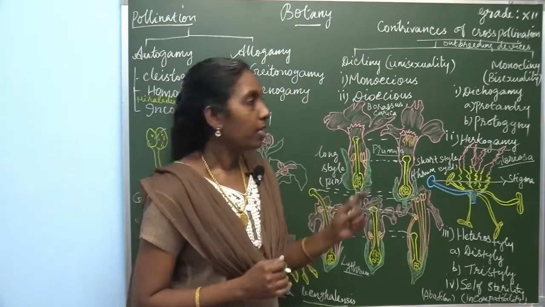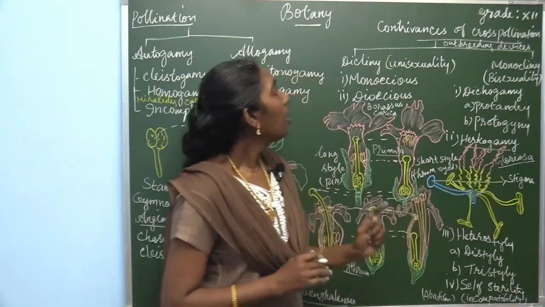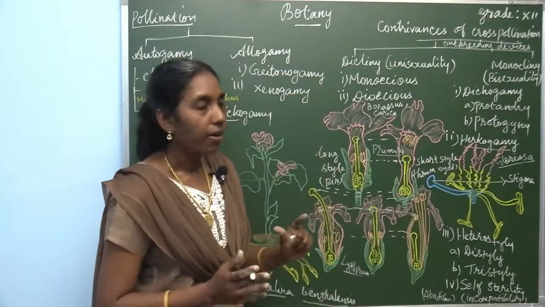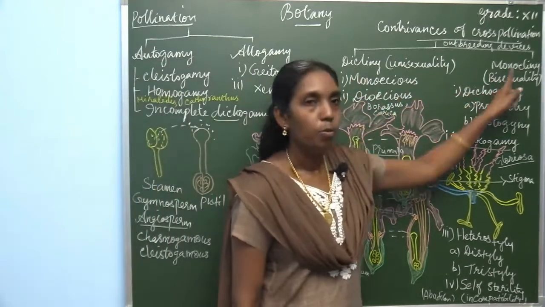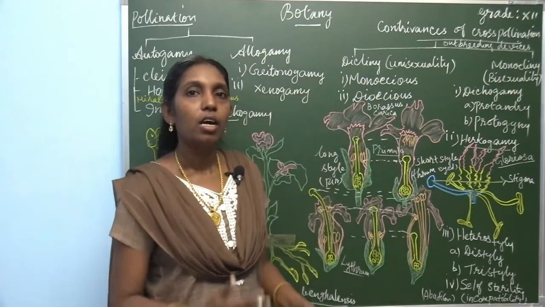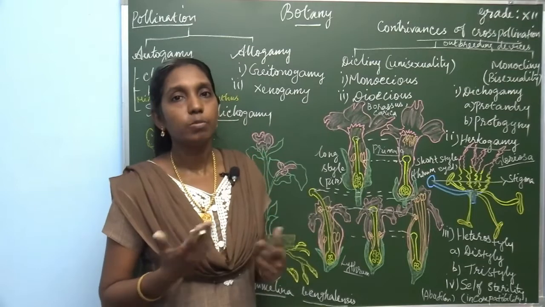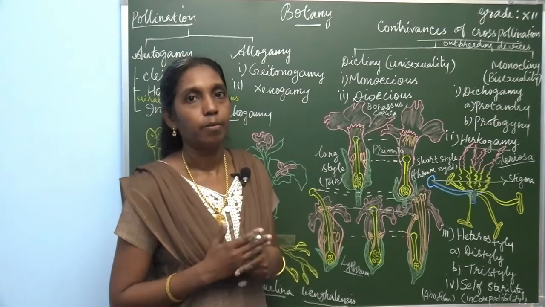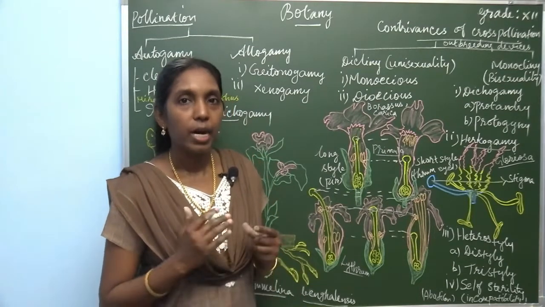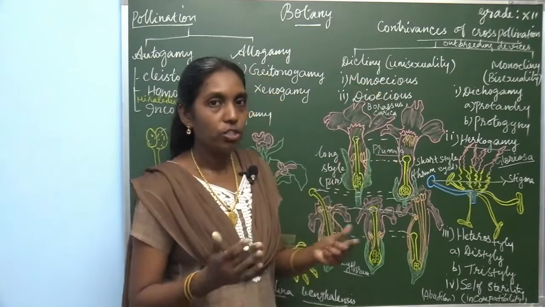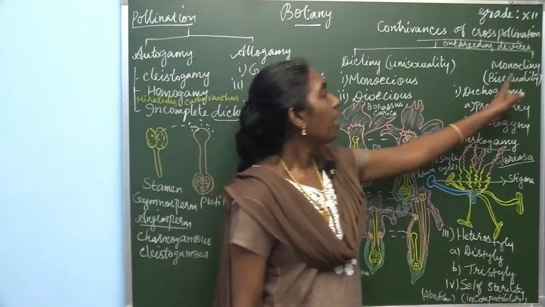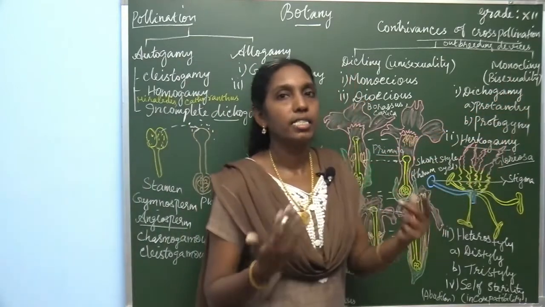This classification is important. They are classified into two types, dicliny and monocliny. You know that there are unisexual flowers as well as bisexual flowers, and in most cases flowers are bisexual. Dicliny shows unisexuality and monocliny shows bisexuality.